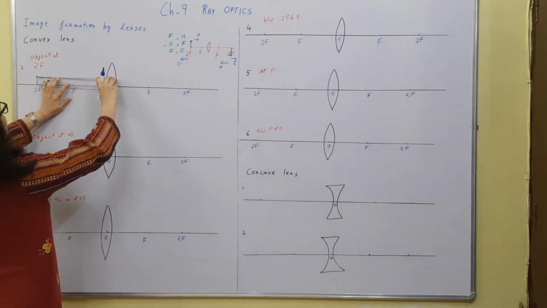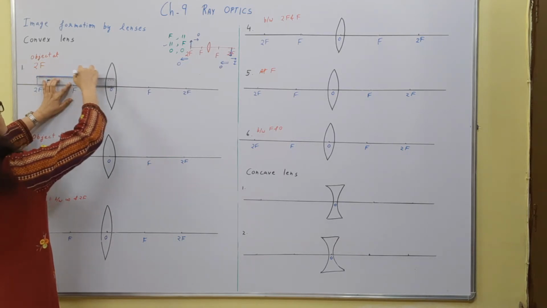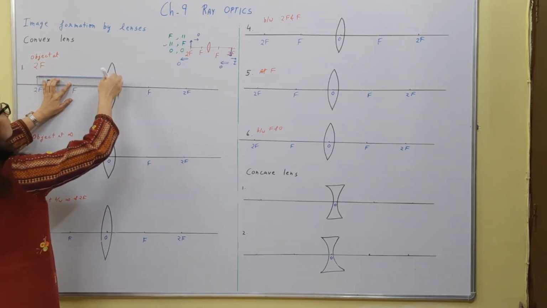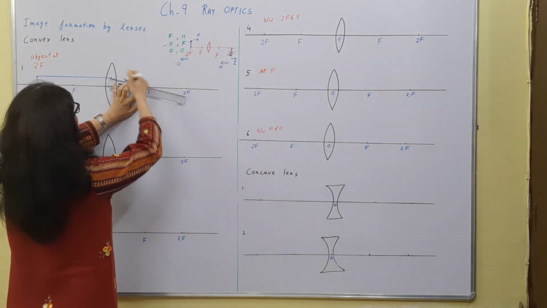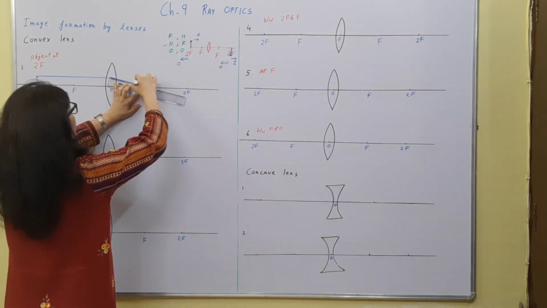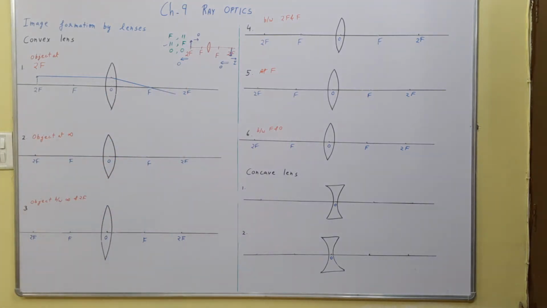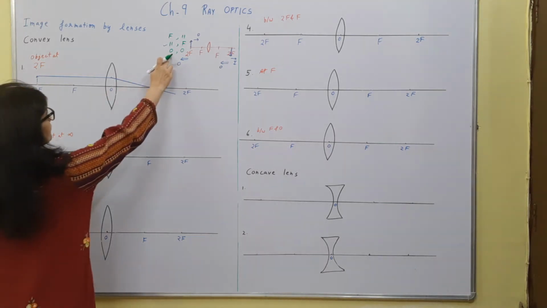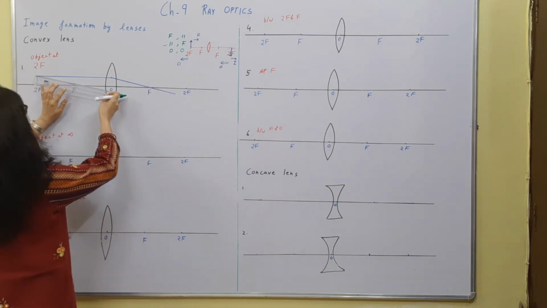So this one is parallel to principal axis, will pass through focus after refraction. Second ray, I will take the one which passes through optical center, will pass through optical center undeviated.